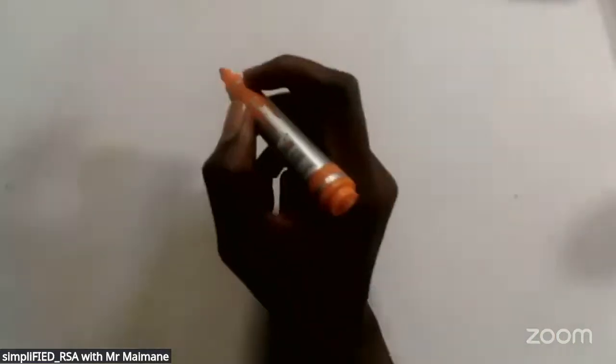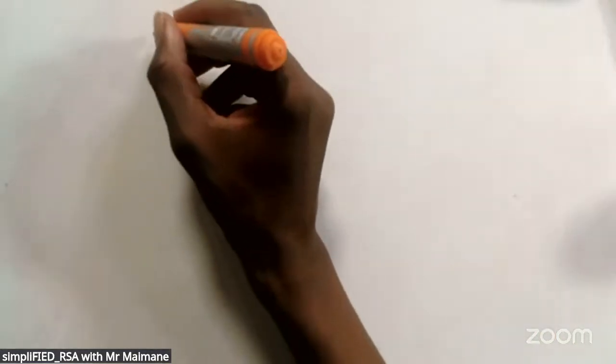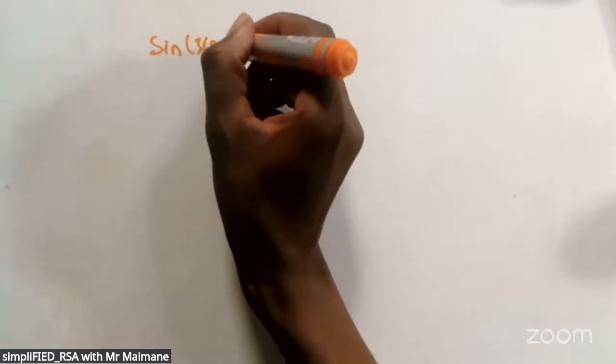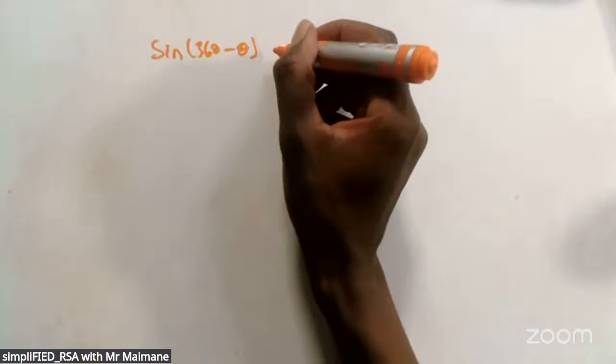For the first part, where you would have to simplify something like sine of 360 minus theta, it's no longer a problem, right?